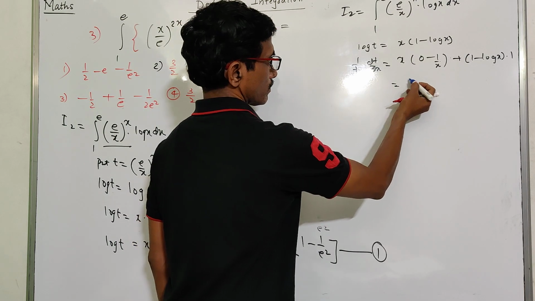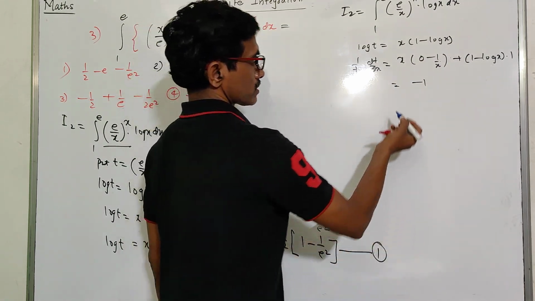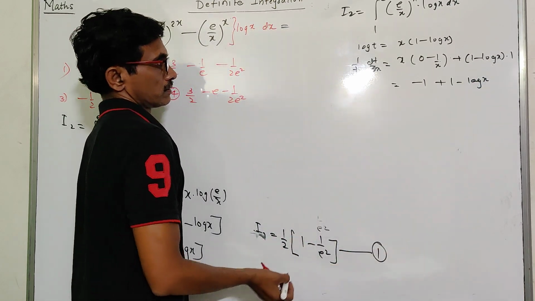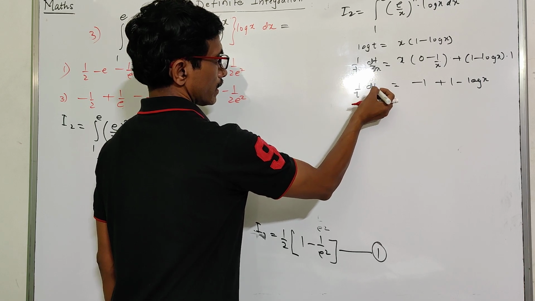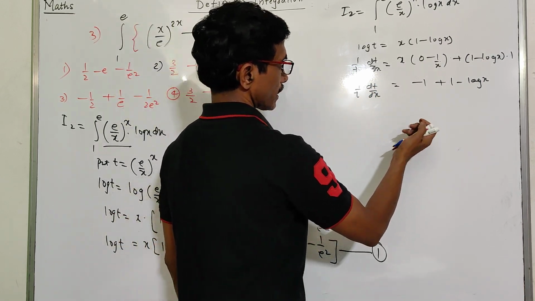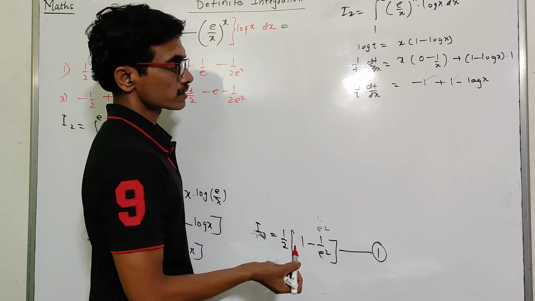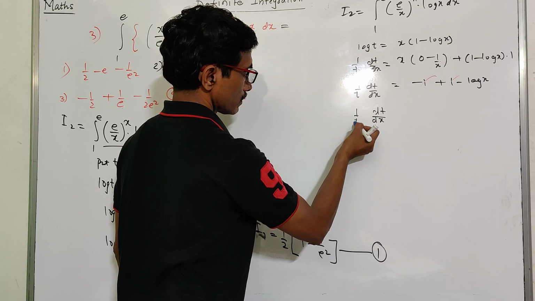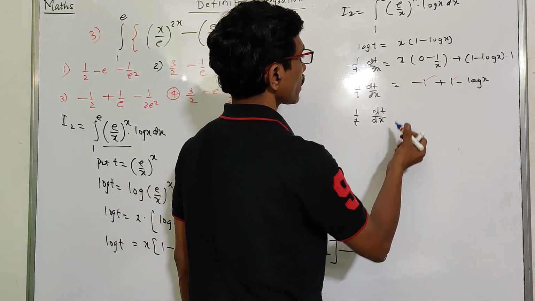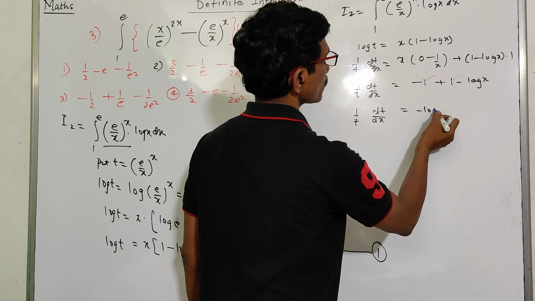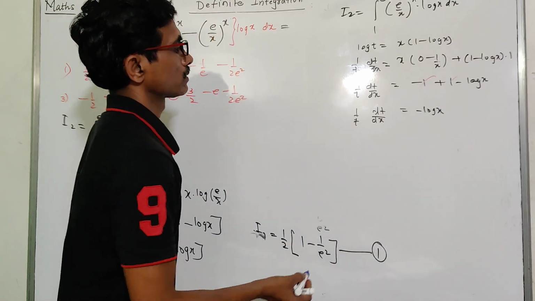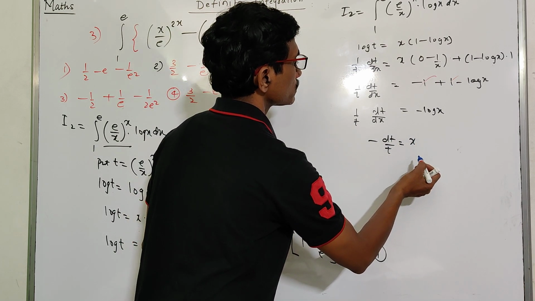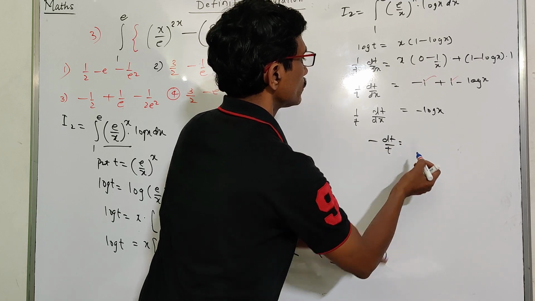This is minus 1 plus 1 minus log x, so 1 by t dt by dx. This is getting cancelled, minus log x is there, so dt upon dx is t into minus log x. Therefore minus dt upon t is equal to log x dx.